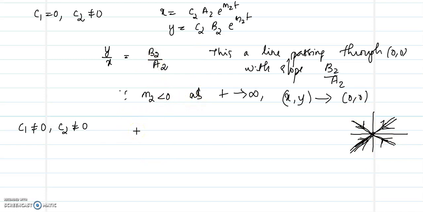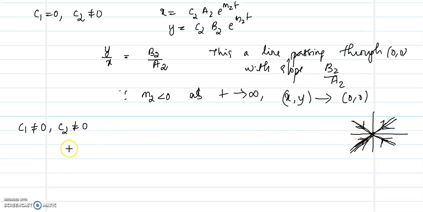Now the last case is when both c1 and c2 are not equal to 0. When c1 and c2 are not equal to 0, we will be getting curves in that case instead of lines.